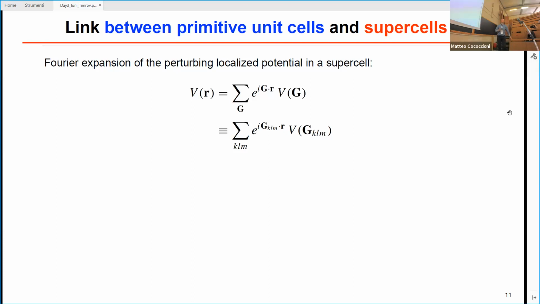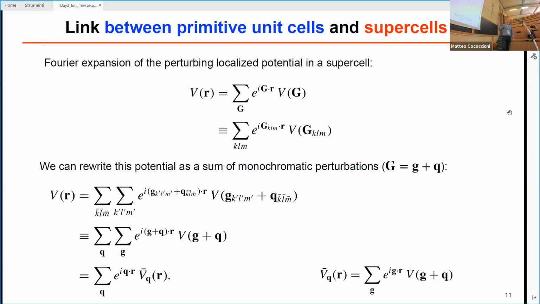This is our purpose. So we can also consider the potential of the supercell, V of R. We can write it using a Fourier transform: a sum over reciprocal lattice vectors, the phase factor, and the Fourier coefficients. Then we put indices to be more precise, and we use the definition of capital G from the previous slide, small g plus q.